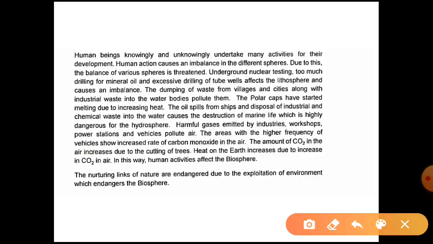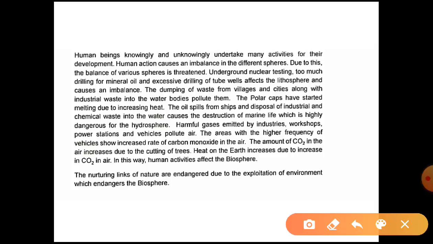Sometimes we can see such leakage from very huge, large ships, and disposal of industrial waste and chemical waste into the water bodies causes the destruction of marine life. The marine life, which means the fishes, can't live in the oceans and seas because of the pollution, which is totally harmful and dangerous for the hydrosphere.